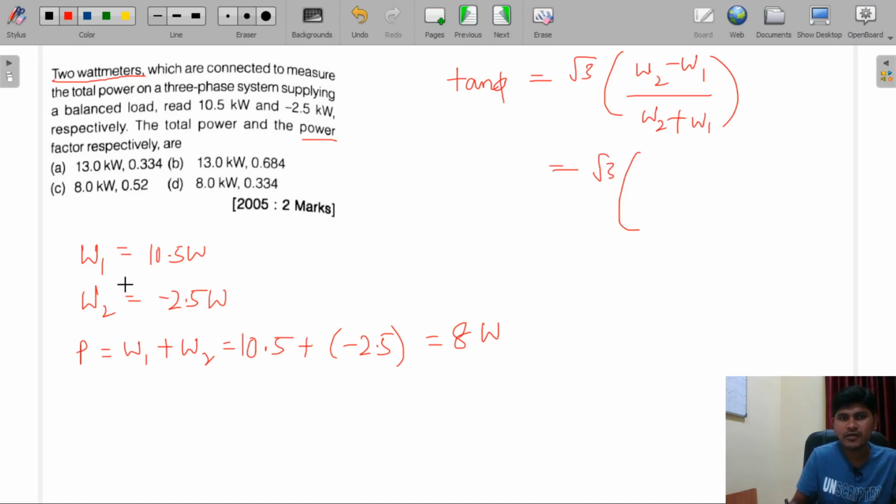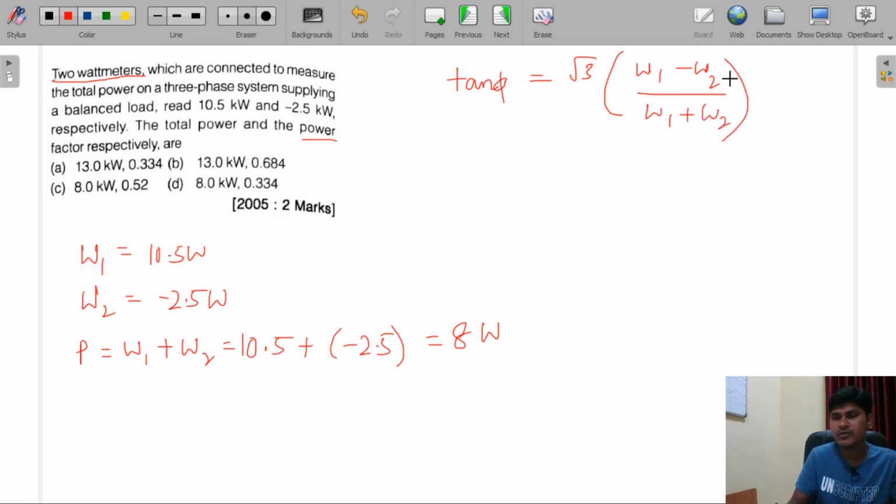Anyhow, we take the higher reading, so this will be W1 minus W2 by W1 plus W2: higher reading minus lower reading by higher reading plus lower reading.